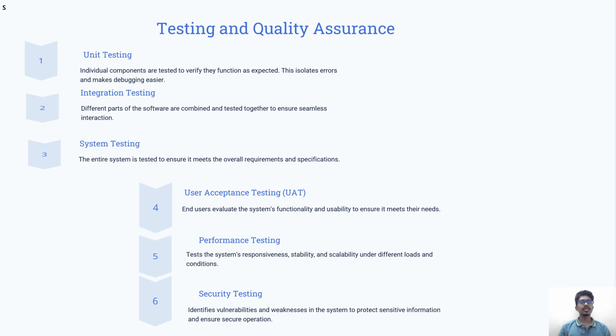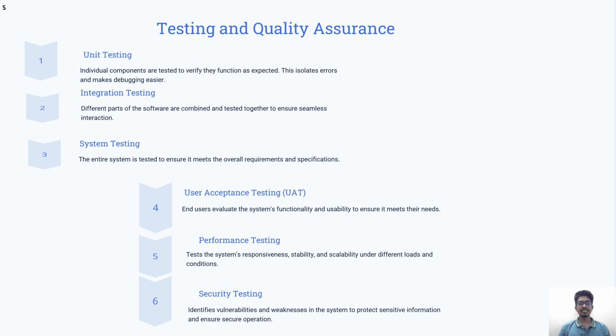Testing and quality assurance. Unit testing, the individual components are tested to verify they function as expected. This isolates errors, which makes debugging easier. Integration testing. The different parts of the software are combined and tested together to ensure seamless interactions. System testing. Here the entire system is tested to ensure it meets the overall requirements and specifications.